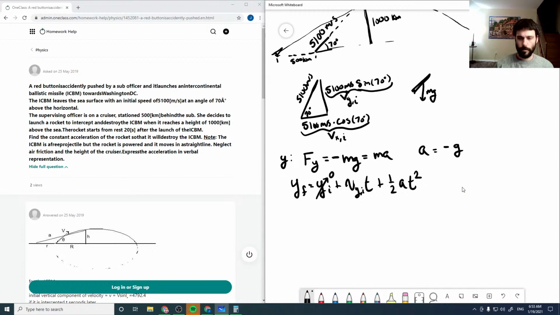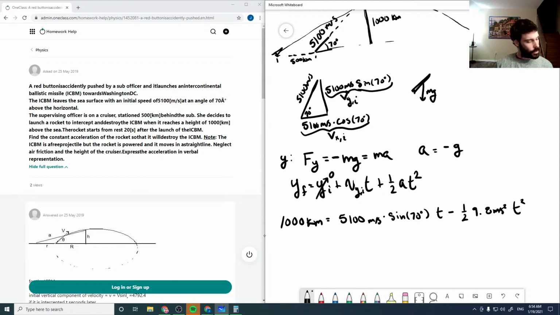It's 1,000 kilometers, so I can fill that in. So I've got 1,000 kilometers is equal to my 5,100 meters per second times the sine of 70 degrees times t, plus, or not plus because it's a minus g, minus 1/2 of 9.8 meters per second squared t squared.